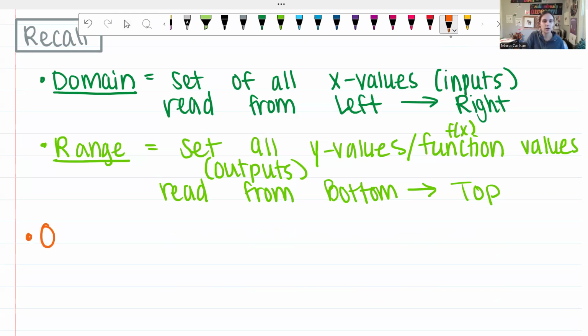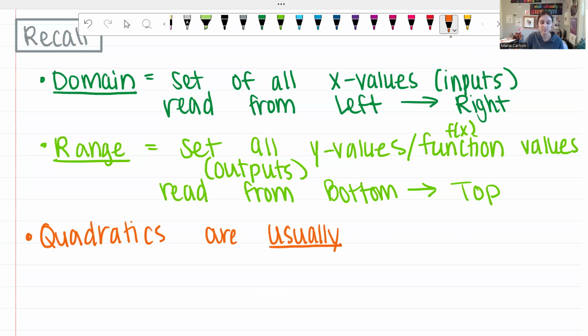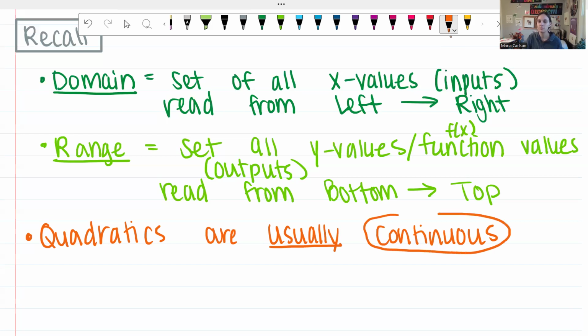And let's note that quadratics are usually continuous unless we have confined them in some way. We've set some constraint. So what does continuous mean? It means that it does not stop as we look at it from left to right.